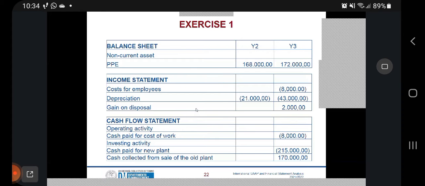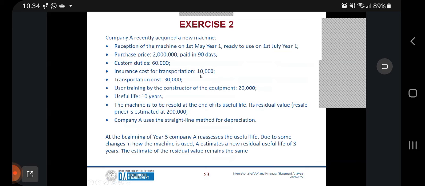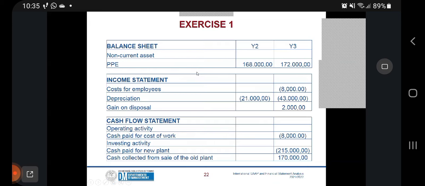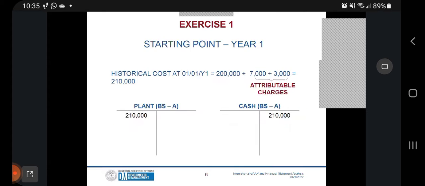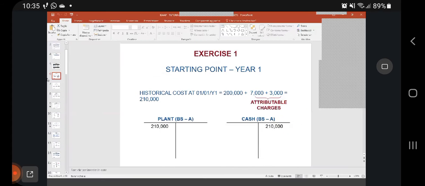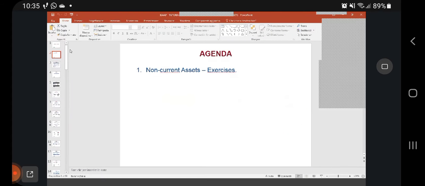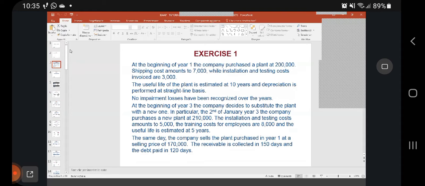I have a question. For the year 2, we have paid the plants, so isn't it in the cash flow statement? For year 2. Okay. Yes, you're right.